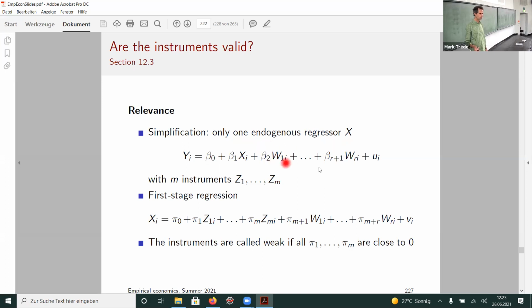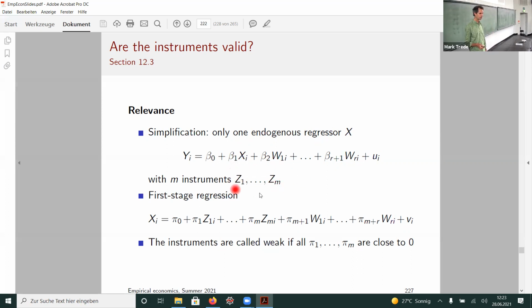But of course, we might have many exogenous variables. And as you might remember, we had a different notation for the endogenous and the exogenous regressors. The endogenous regressor, well, it's only a single one here, is denoted by X, and the exogenous regressors are denoted by Ws. Okay. And then, of course, we have the instruments Z1 up to Zm.